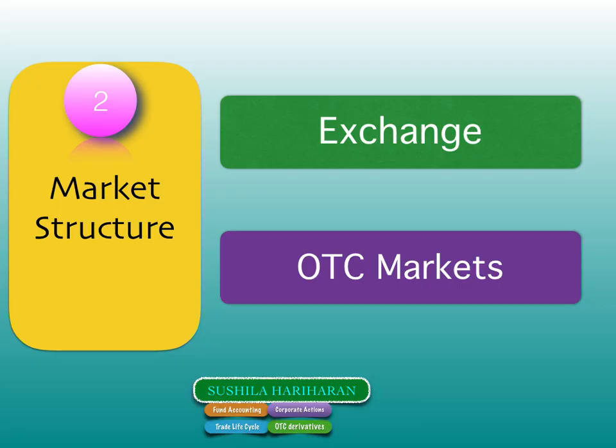Both these markets fulfill the objective of trading, but the manner in which they fulfill are very different. And that's how we categorize this according to the market structure. So, this is the second point of categorization, that's the market structure. We talk about exchange markets as well as OTC markets. I'm going to drill down into this because it's very important to understand this market structure funda.